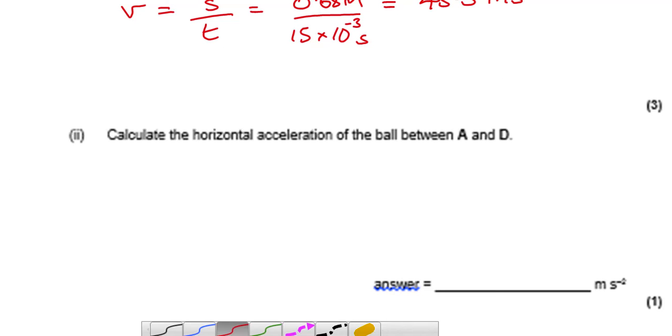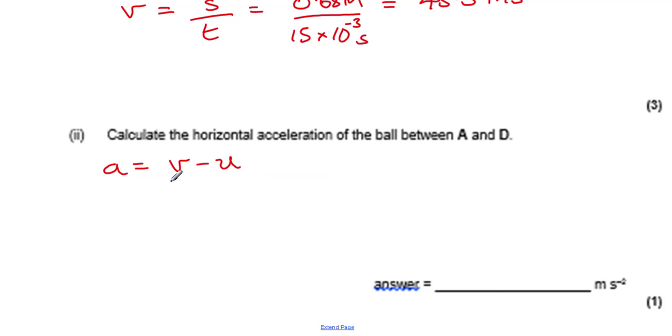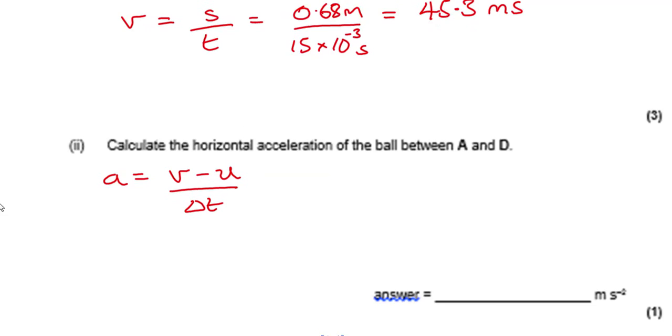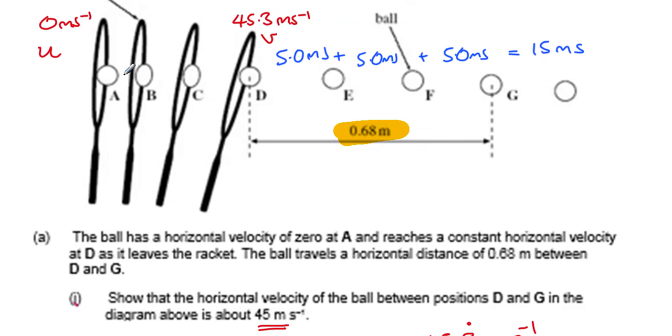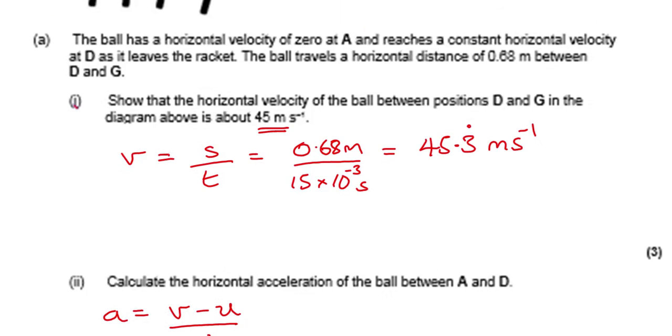Well, in general terms, acceleration is going to be final velocity minus initial velocity divided by time interval. And in this, again, it's 1, 2, 3 intervals between photographs, so it's 15 milliseconds again.